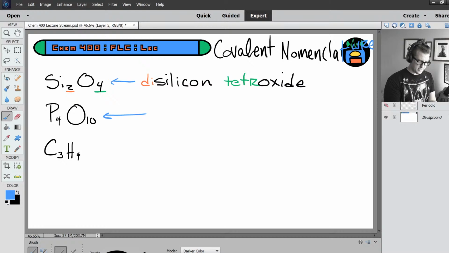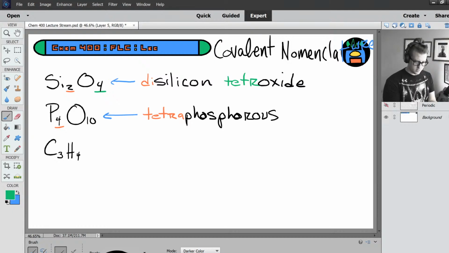If we look at our next example, we have four phosphoruses, so this would be tetraphosphorus. And then we've got 10 oxygens, so it'll be decoxide.